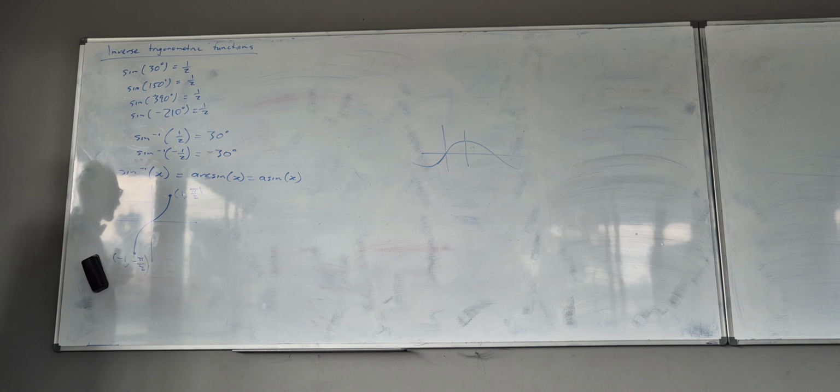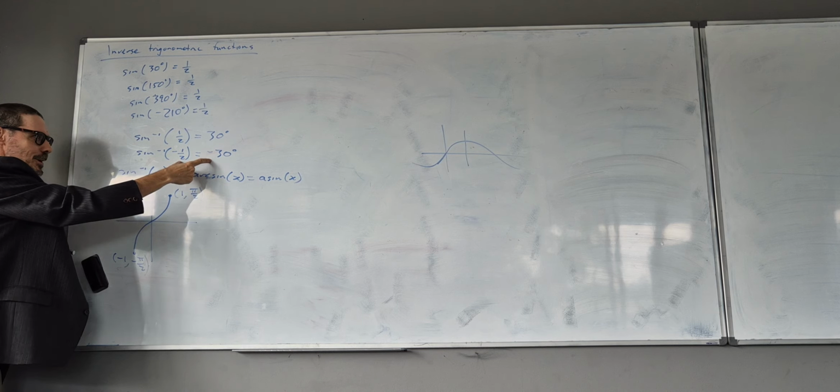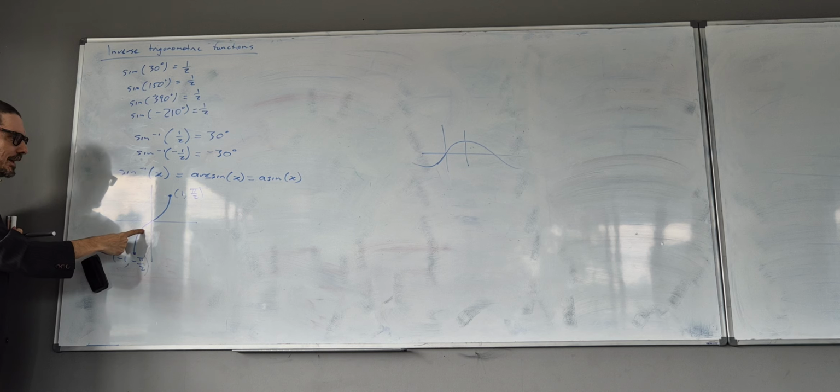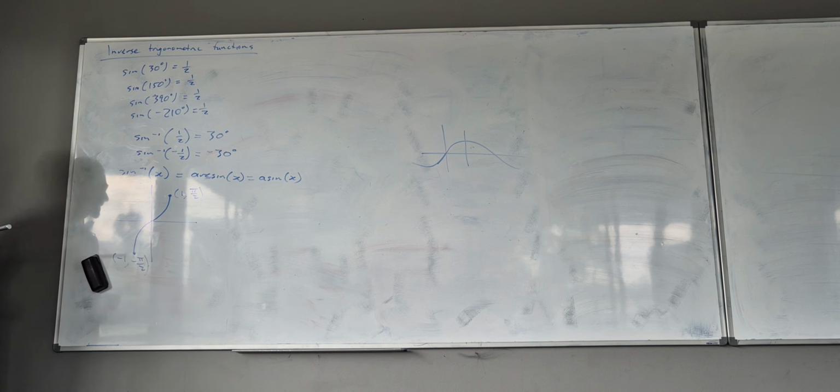Correct. That's how arcsine is defined. And that's why your calculator chose a negative value when you put in negative a half. It said negative 30. This is the piece that it's defined as.